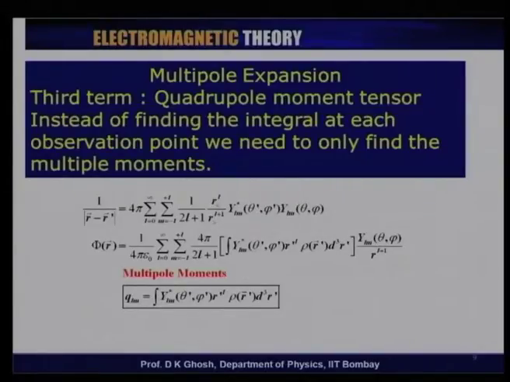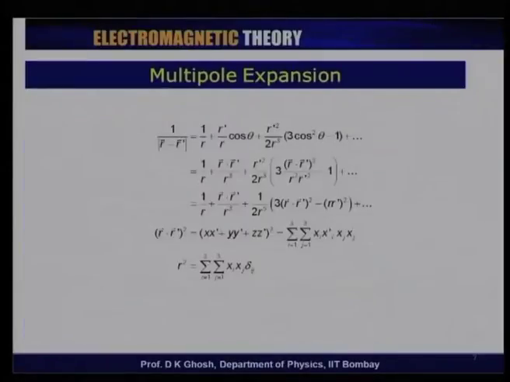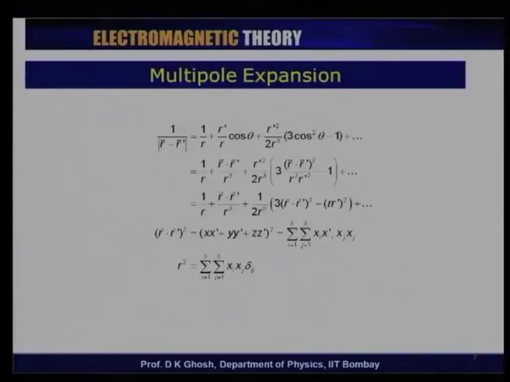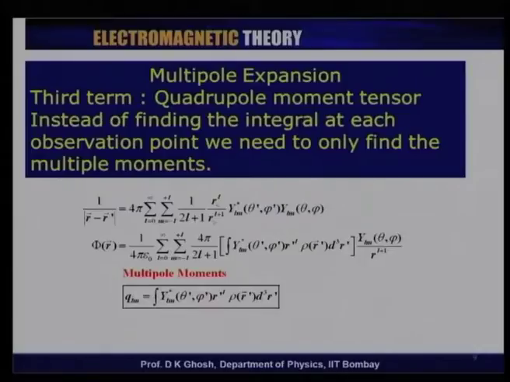Now, remember that when we worked out this expression, we had shown this geometry, and in this geometry we had chosen the angle theta to be that between the location r prime and the point P. Now, what we could do instead is to look at a general situation where the coordinate of a volume element, if you like, is given by r prime theta prime phi prime, and that of the point of observation is given as r theta phi.